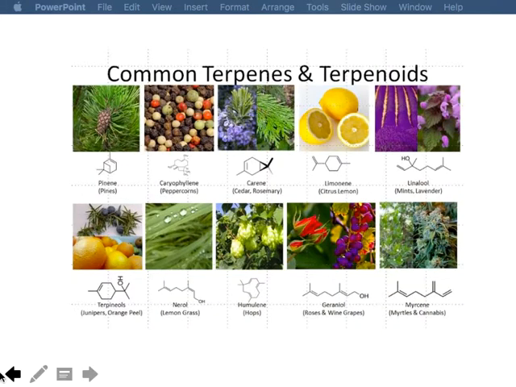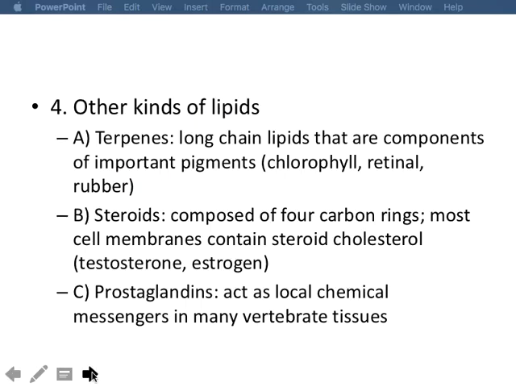Okay. What? The last 2 words? Vertebrate tissues. Animals with backbones.